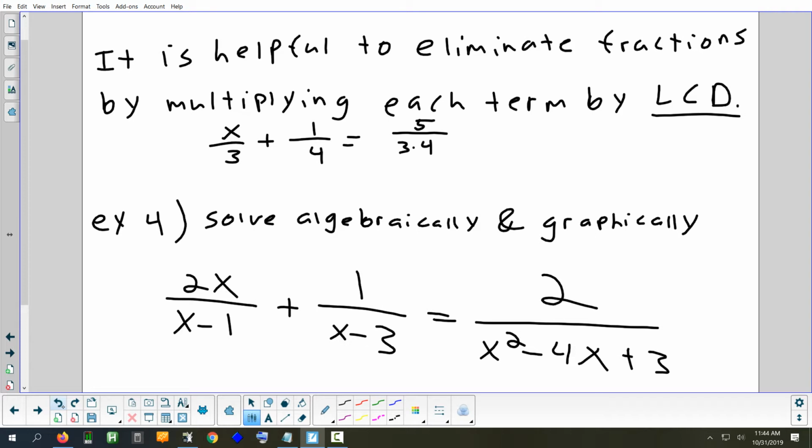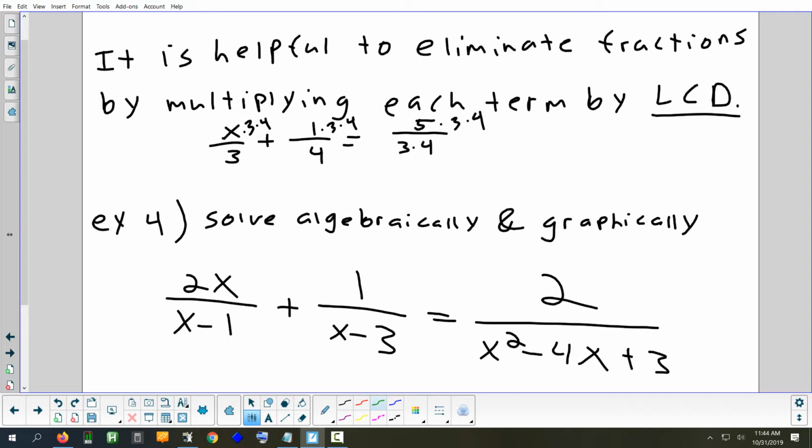If we multiply every fraction by those factors, watch what happens. Let's multiply by 3 times 4, multiply by 3 times 4, multiply by 3 times 4. So I'm really multiplying everything by 3 times 4. Yes, I know I could write 12, but just do it this way, trust me. When you do that, what cancels in the first fraction?